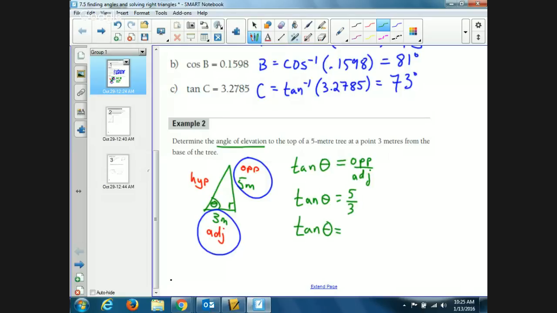We'll round it. Okay, a little more decimals than that. And it wouldn't even be correctly rounded at 1.6.